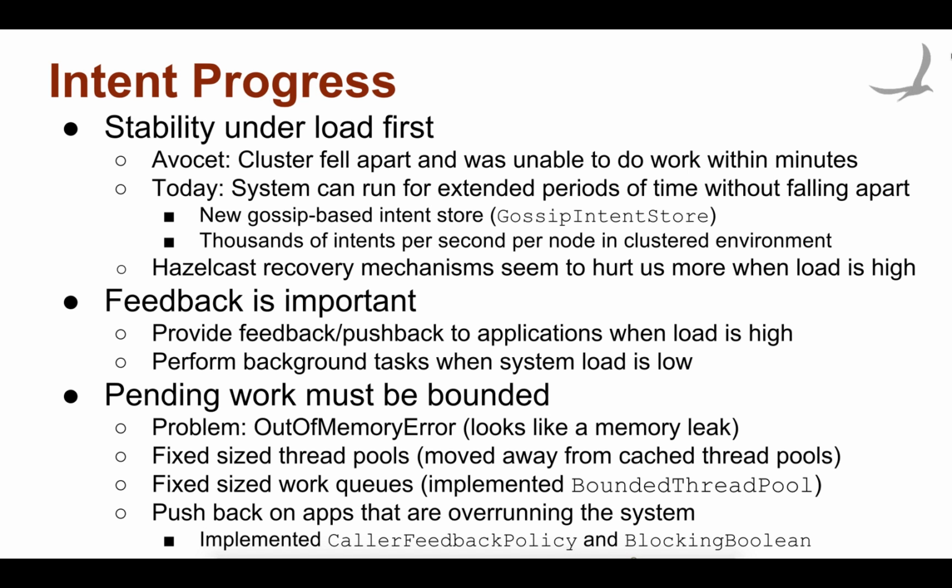The point here is that we need to protect ourselves, and we need to bound the outstanding work that can be done. We've also done some work around when an update is in flight, i.e. pending. We want to coalesce that update with other updates that supersede it. That's also work that we're going to be looking into.